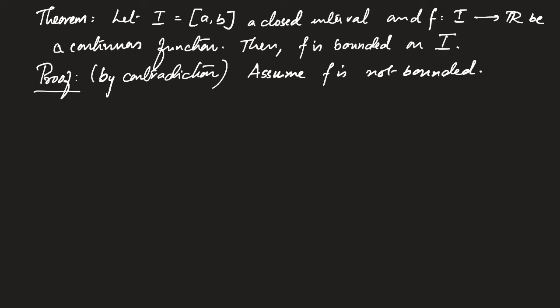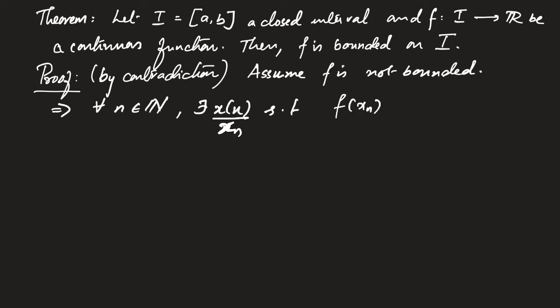This implies that for every n in natural numbers, there exists an x that depends on n, let's call this x of n as xn, just to think of it as a sequence, such that f of xn is greater than n. So xn is a sequence in I, but I is bounded.